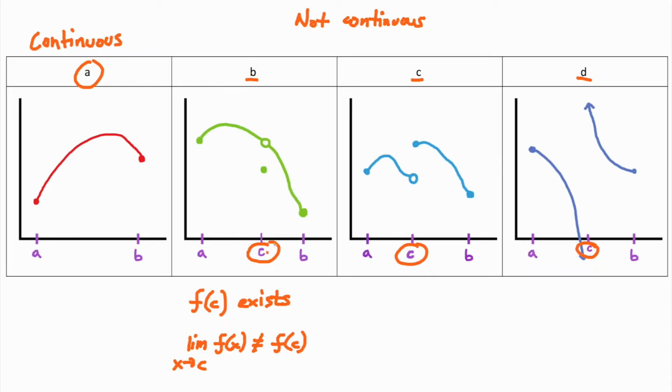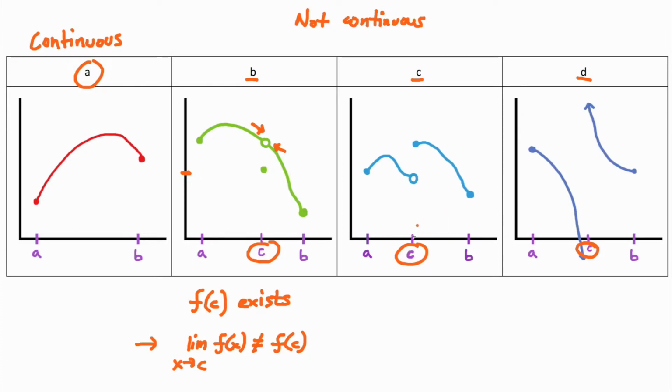Okay, f of C exists, it's whatever this y value is right here. However, this limit, as you get closer on this side and get closer on this side, is actually not going to match this point right here. So because this limit is not equal to f of C, that defines why it's not continuous.